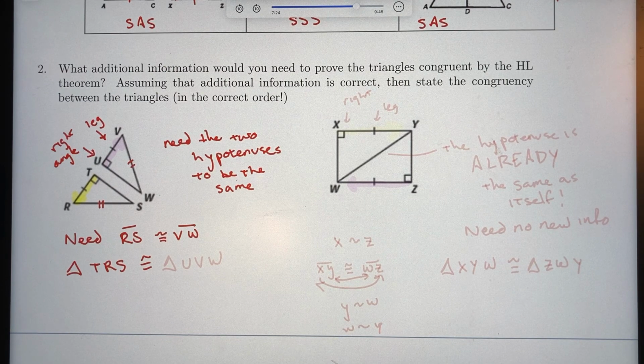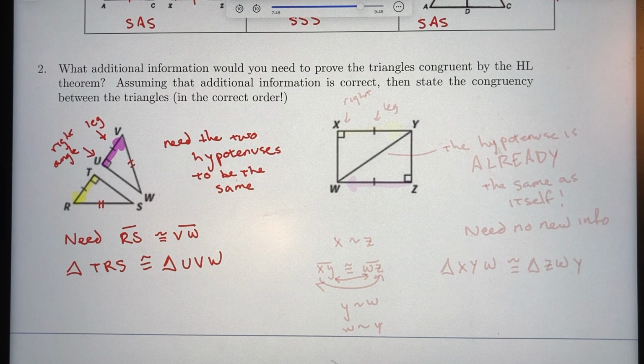So TRS is going out from the right angle, so that means we need to be going out from the right angle on the other one. So triangle sign, don't forget it, U, V, and then W.